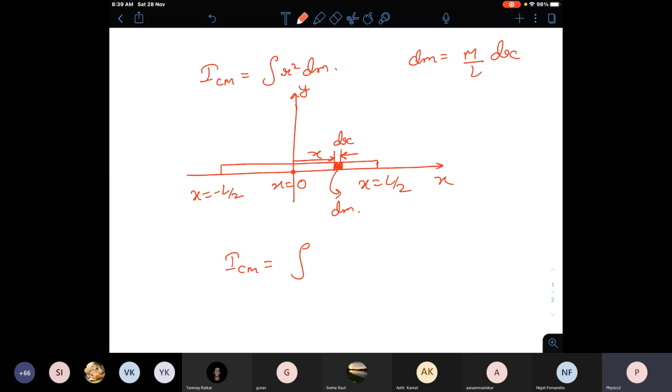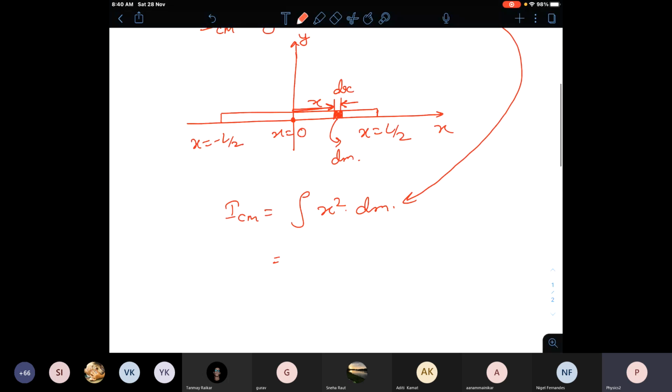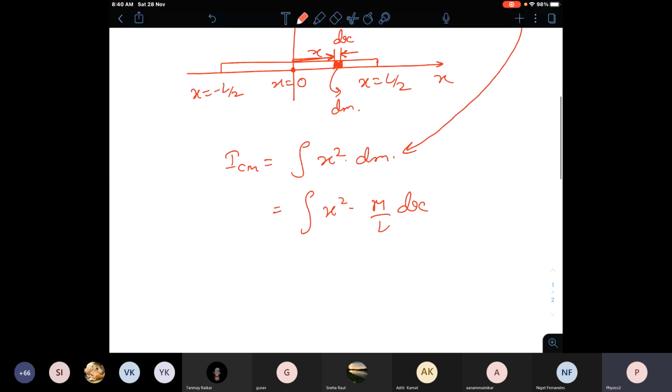R in this case is, from the origin, the distance of the mass, which is x. So it is x square dm. Replacing dm, this will be integration x square into m by l dx. So you will get m by l integration x square dx.